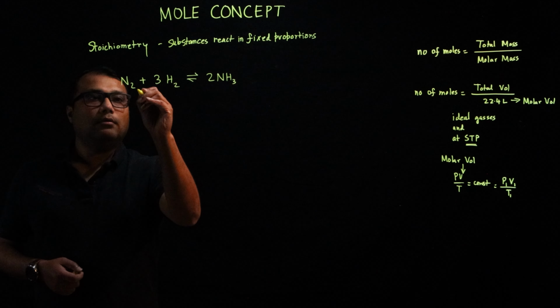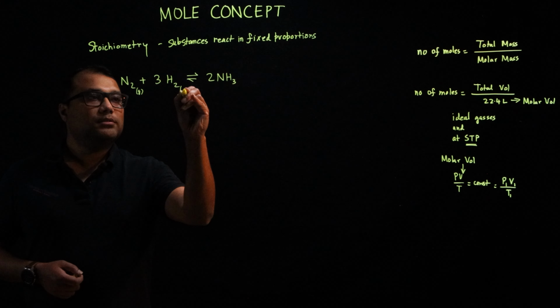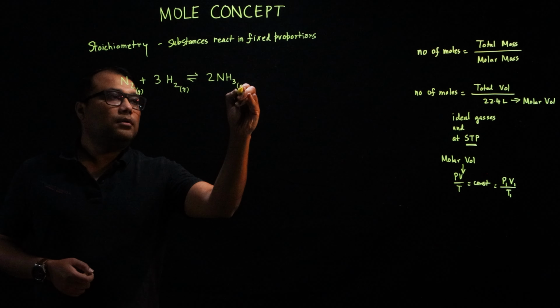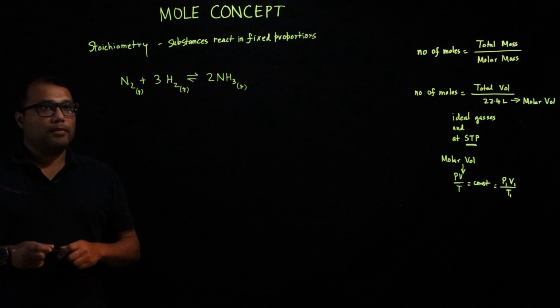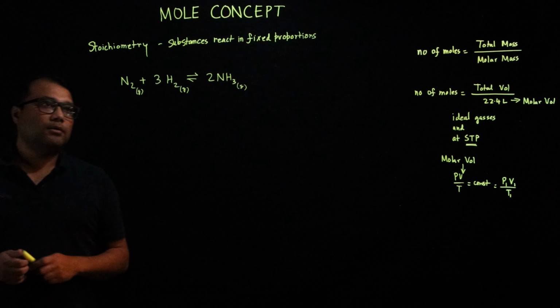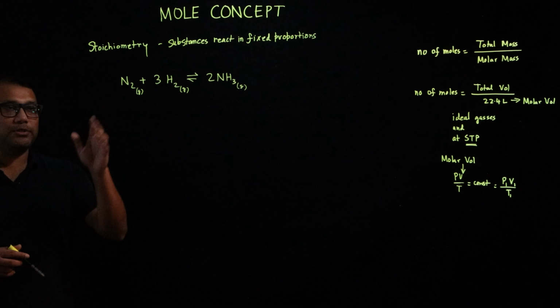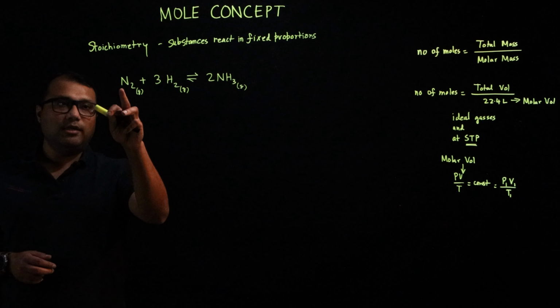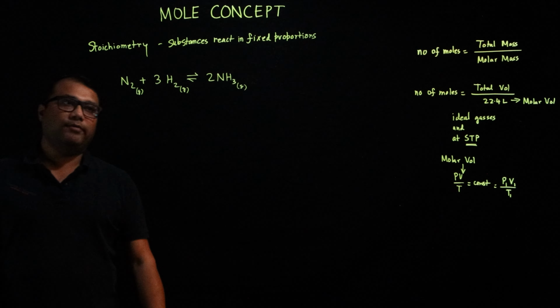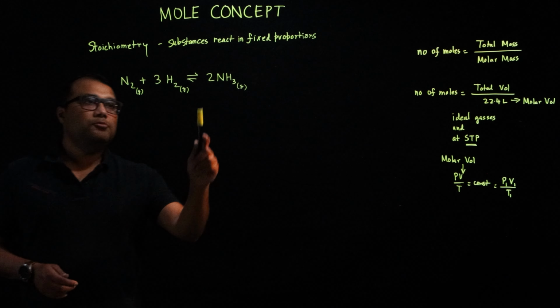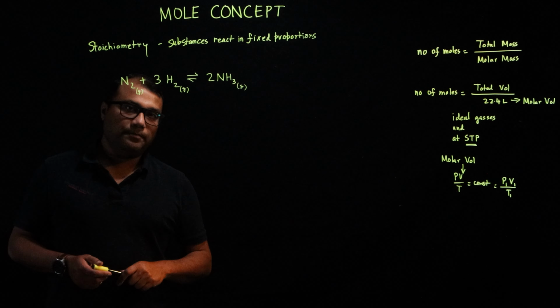Now all are gaseous. So what does this chemical equation mean? It means one molecule of nitrogen gas reacts with 3 molecules of hydrogen gas to form 2 molecules of ammonia.